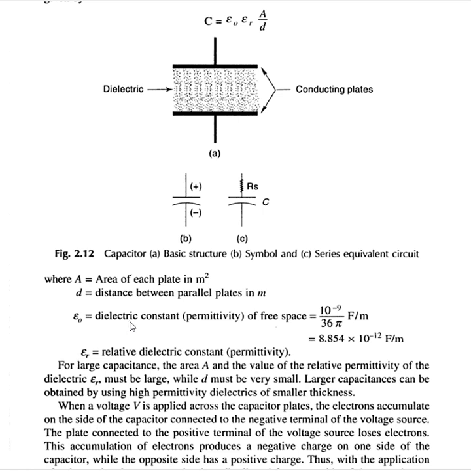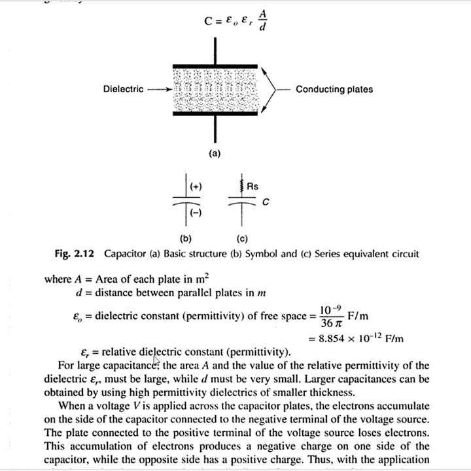Epsilon naught is the permittivity of free space, equal to 1 by 36 pi into 10 power minus 9 farad per meter, which is equal to 8.854 into 10 power minus 12 F per m.